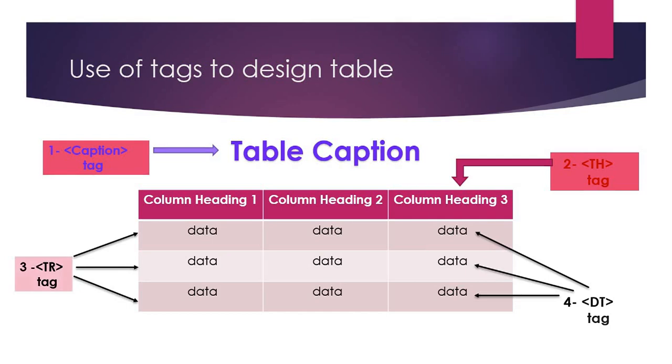Number 3, tr tag, to design table rows. And number 4, td tag, to type data in each cell of the row. In next slide, you will find the formal definitions of all these tags.